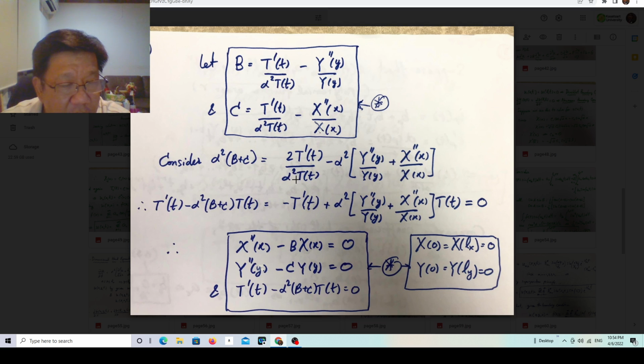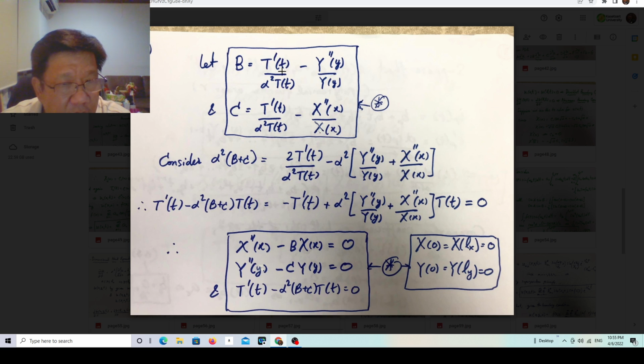So the left hand side can be only 2 times T first order of T divided by capital T as a function of t.